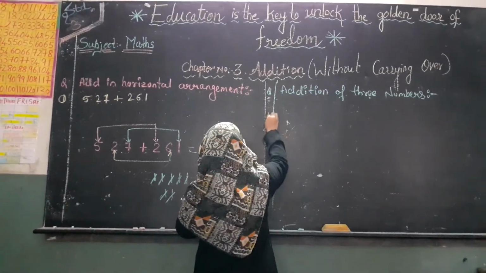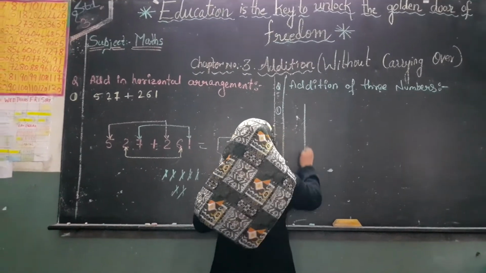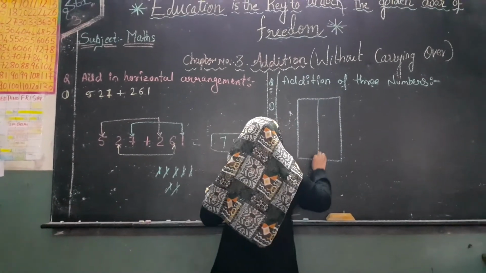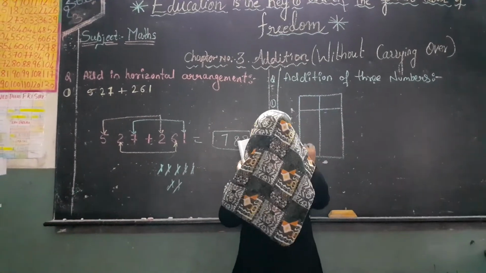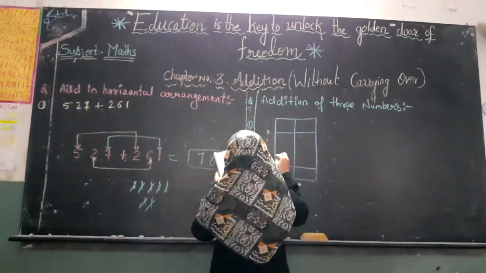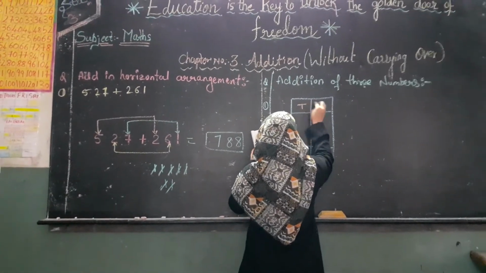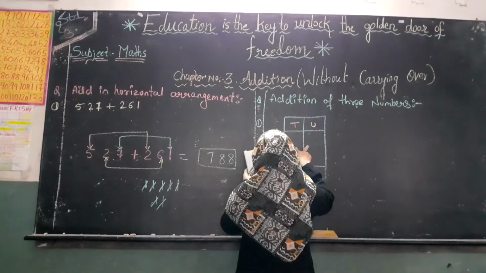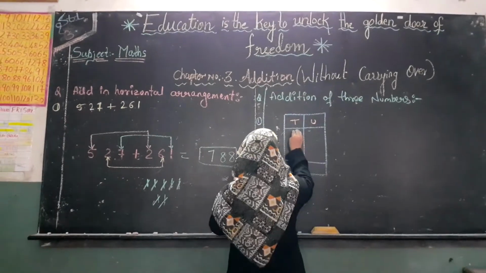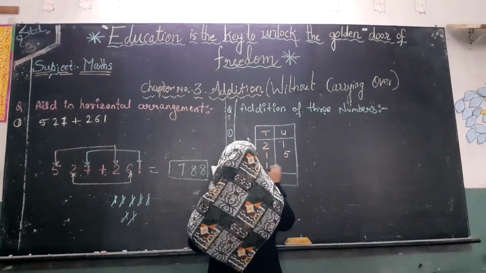We have to draw a table first. Now the first numbers: only 2-digit numbers are there, so we will write only tens and units. So we will write first 2, 1, 1, 5 and 1, 2.